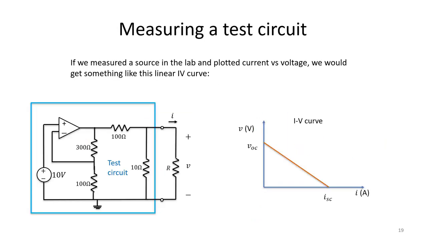All right, let's look at an example. Suppose we were to measure some test circuit in the lab. So we have some circuit like this, sort of any test circuit. Notice that we have it connected to some load over here, so we'll just call that resistor a load. We're allowing that circuit's current and voltage to pass through this resistor.